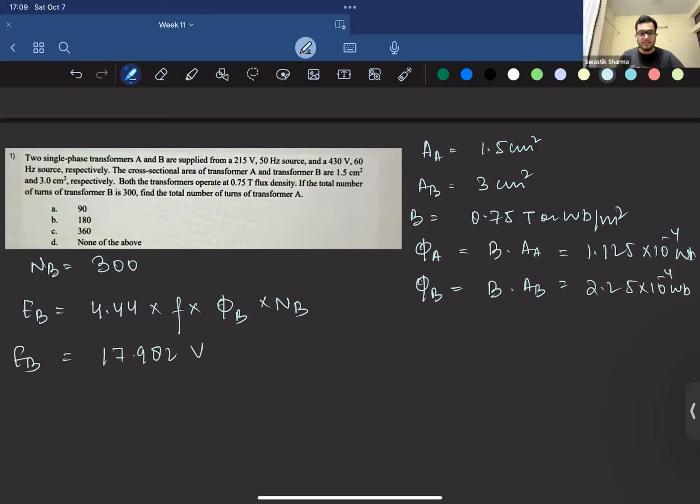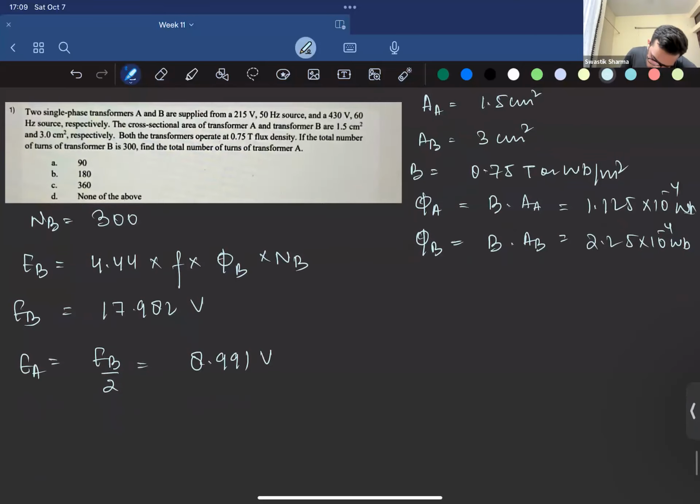Now we know EB is being excited with 430 volts and EA is being excited with 215 volts, right? Since the flux density is the same, EA will be EB by 2, which is nothing but 8.991. So we know EA is equal to 4.44 times frequency into phi into NA.